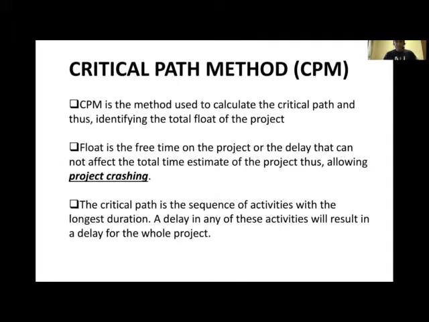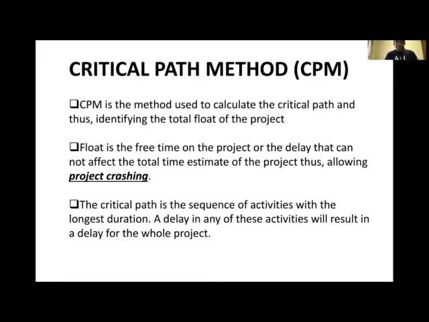The term project crashing basically entails that people can have some free time without affecting the estimated time for delivering the project to the users. So when you crash the project, it simply means you know the time that is free before you give the project to the customers.